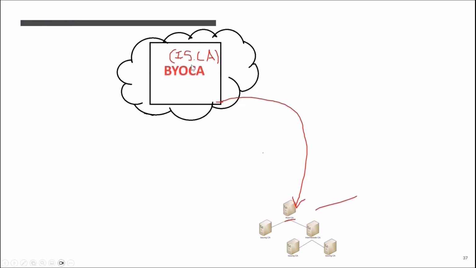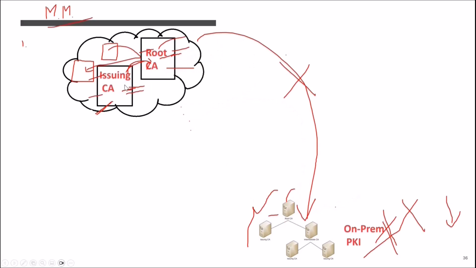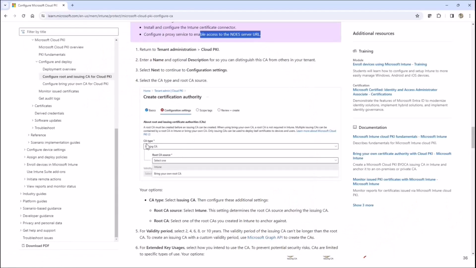So when you are creating the issuing CA, you have to mention whether your issuing CA is going to talk to a root on-prem, or whether your issuing CA is going to talk to a root which is there in Azure. That is what we are selecting over here. The CA type is issuing CA, and then it is asking who is going to be the root CA source.